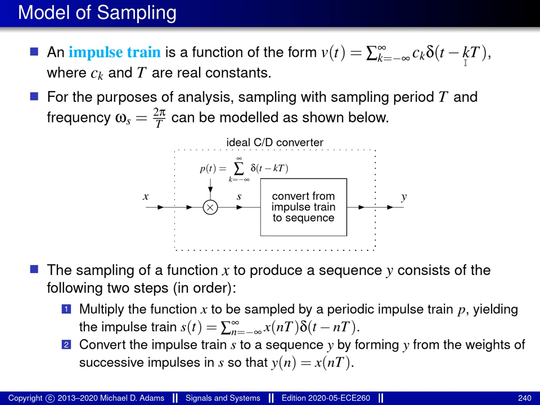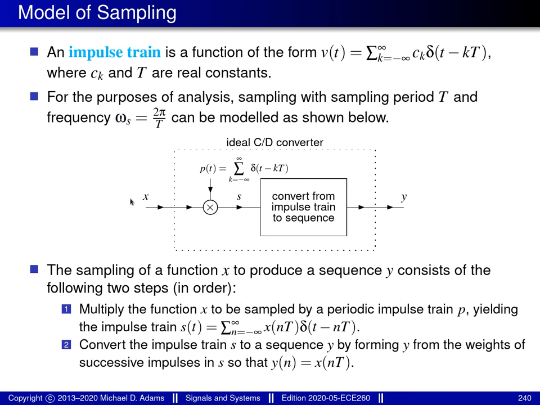With this definition in place, I can now introduce the simple mathematical model that we'll use for sampling. A block diagram for the system associated with our model for sampling is shown in the figure in the middle of the slide, so in this figure here. In this model, we'll denote the sampling period as capital T and the sampling frequency as omega_s.